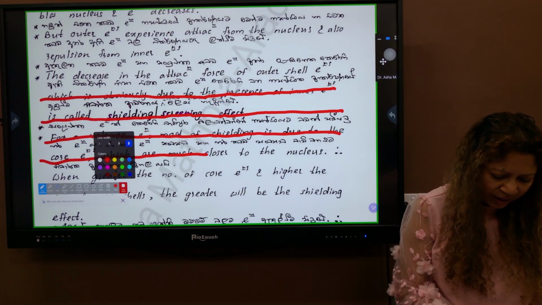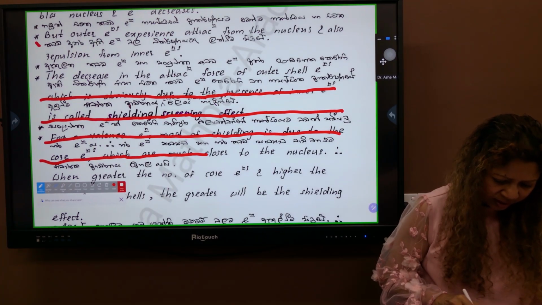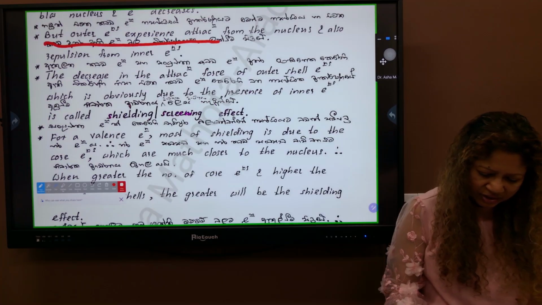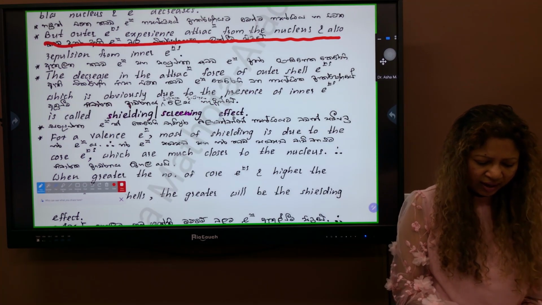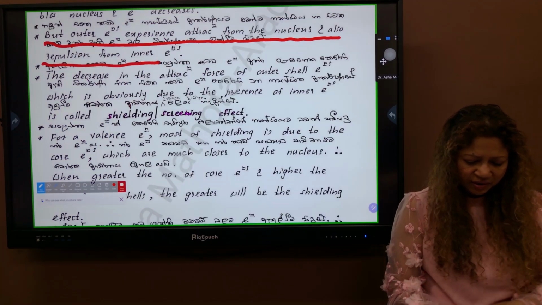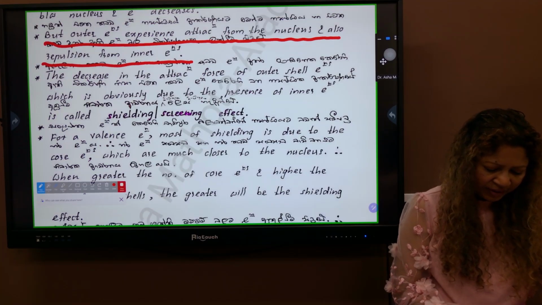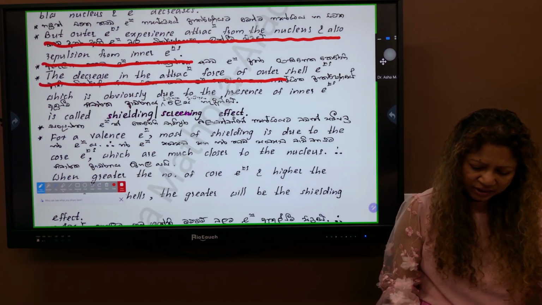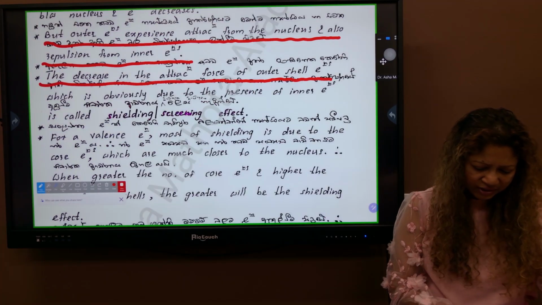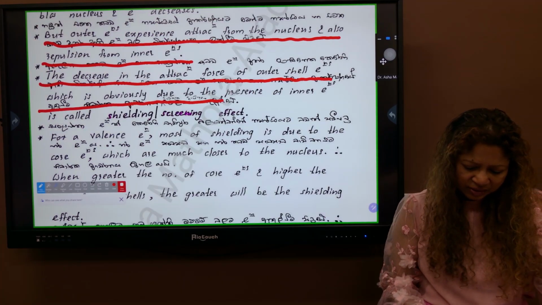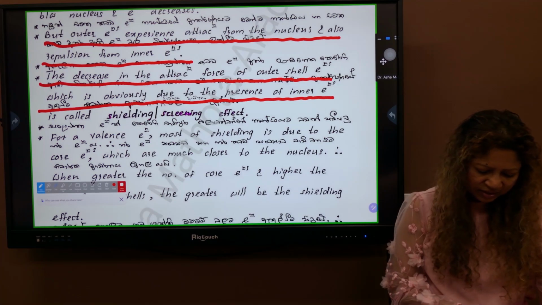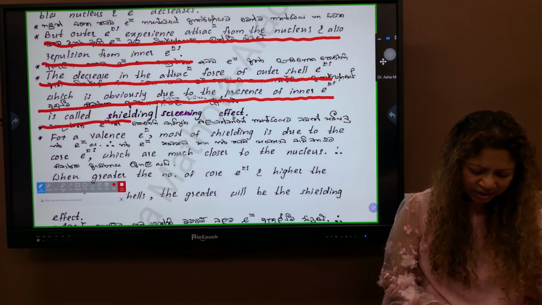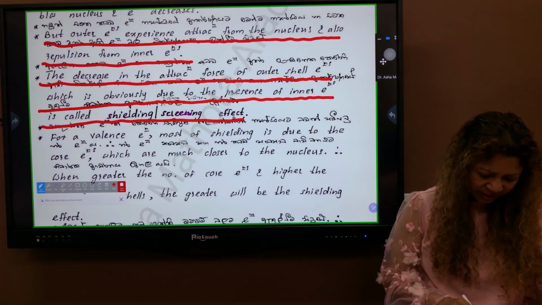But outer electrons experience attraction from the nucleus and also repulsion from inner electrons. The decrease in the attraction force of outer shell electrons, which is obviously due to the presence of inner electrons, is called shielding or screening effect.